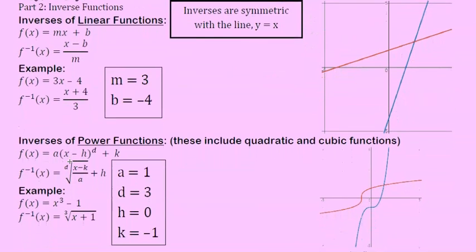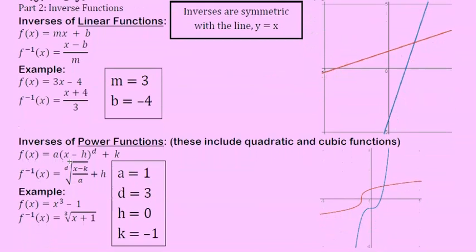Let's look at the last page of these notes for 7c. Inverses of linear functions. So, if you look at it, inverses are symmetric with the line y equals x.